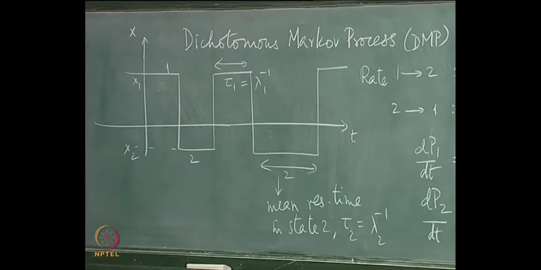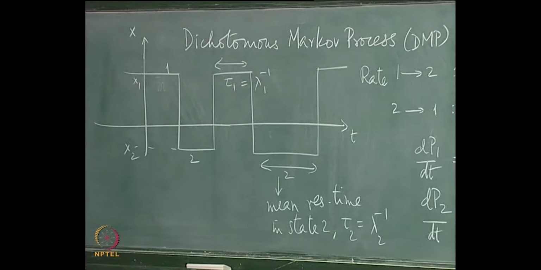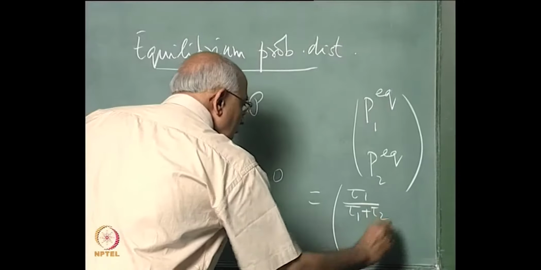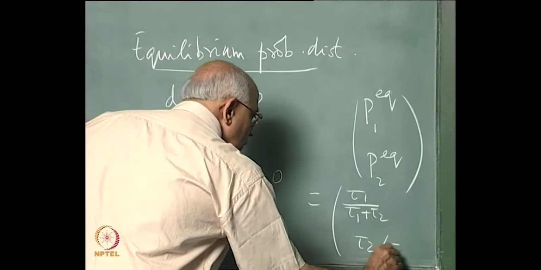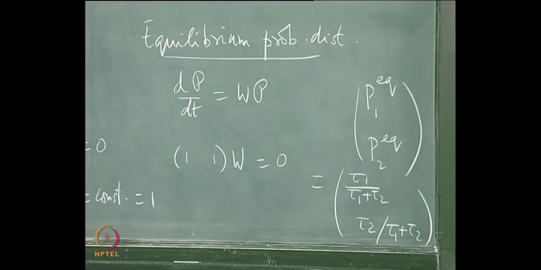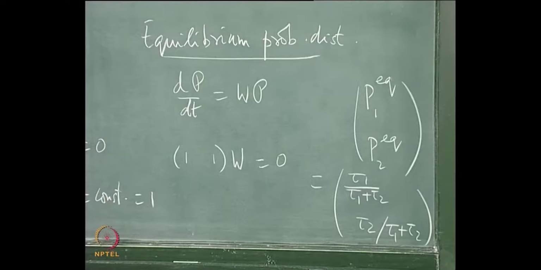So lambda 1 inverse is the mean time it spends in state 1, and therefore P1 equilibrium would be equal to tau 1 over tau 1 plus tau 2, and the other one is tau 2 over tau 1 plus tau 2. Therefore, this is lambda 2 over lambda 1 plus lambda 2, and this other one is lambda 1 over lambda 1 plus lambda 2.